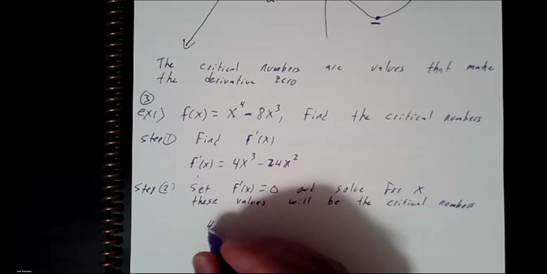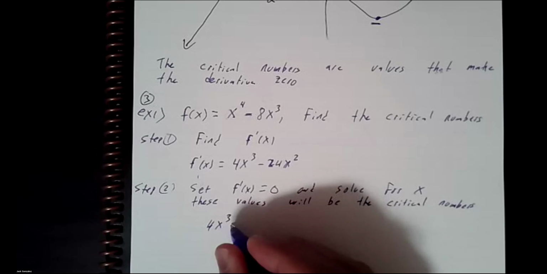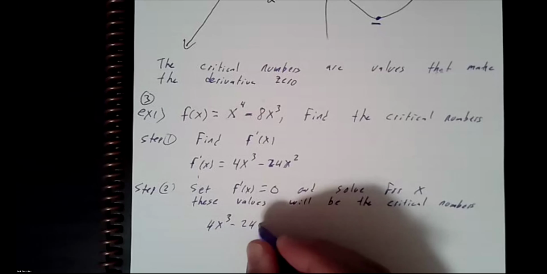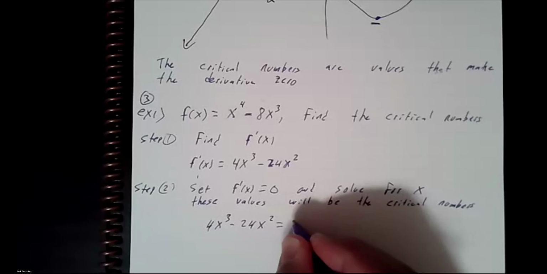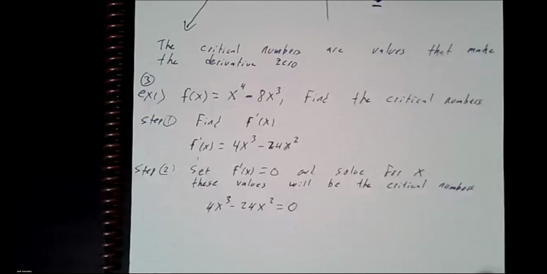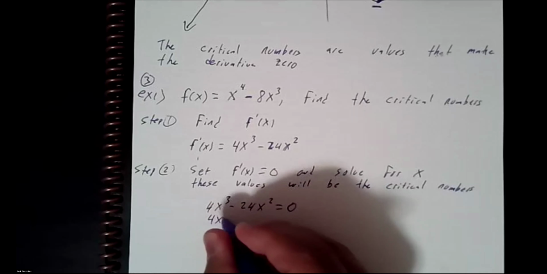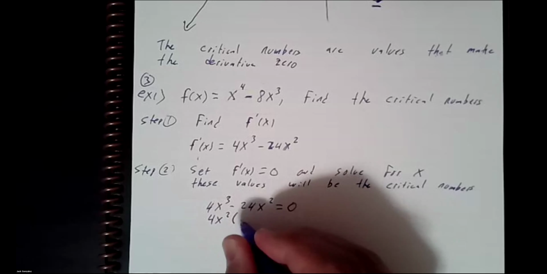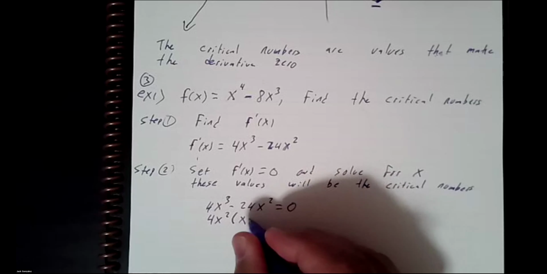Setting the derivative equal to 0. Factor 4x squared, right? That's what's in common. That'll leave us x minus 6, right?